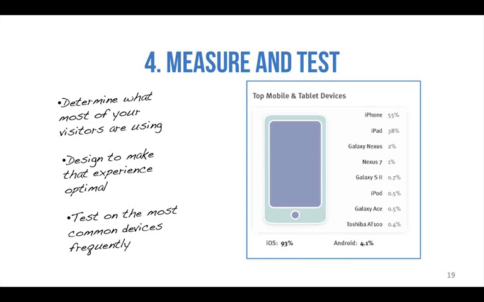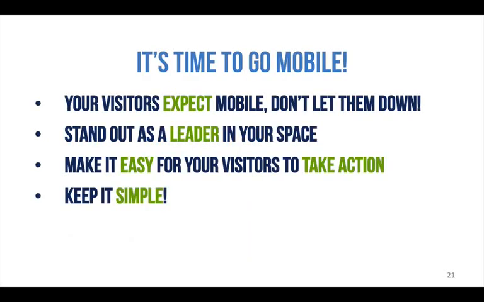And again, it's so easy to do. We can measure and test everything online now. There are analytics packages that are specific to mobile, so you can get all kinds of really great data about what's happening on your site, who's visiting it, what kind of experience they are having, and use that information to your advantage.